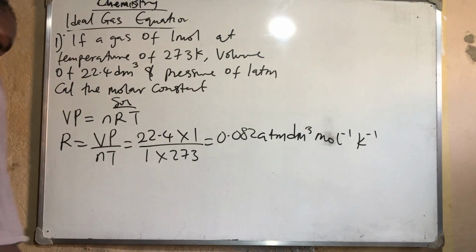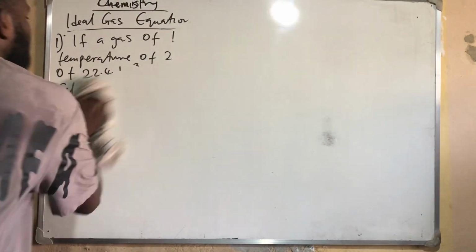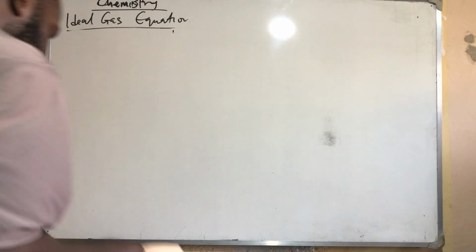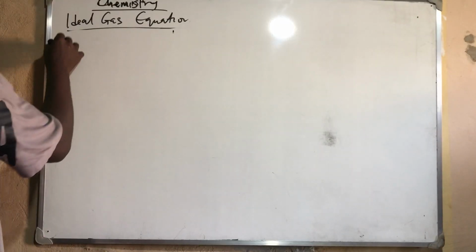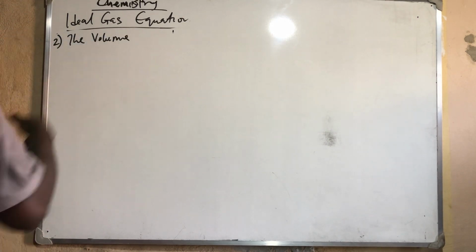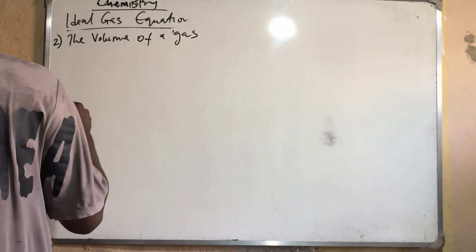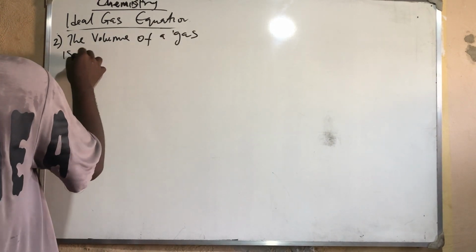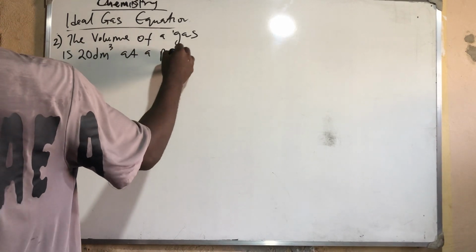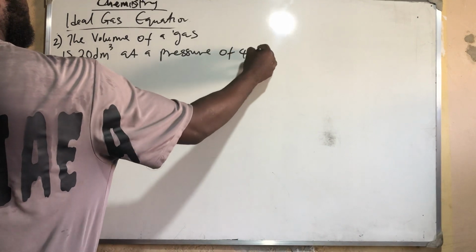So let's take another question. We have gotten the value of the molar constant. Question number 2 said, the volume of a gas is 20 dm cube at a pressure of 4 atm.